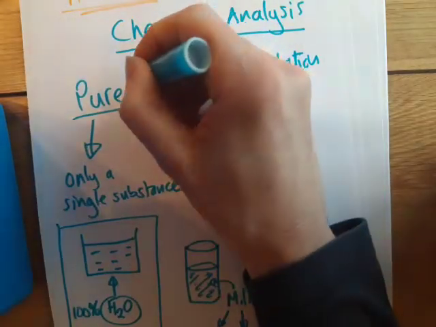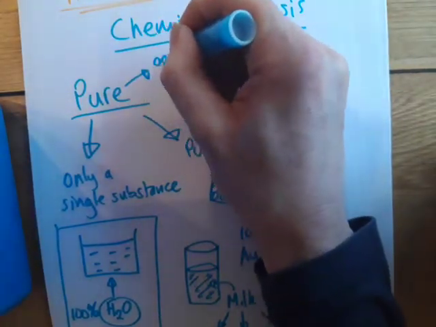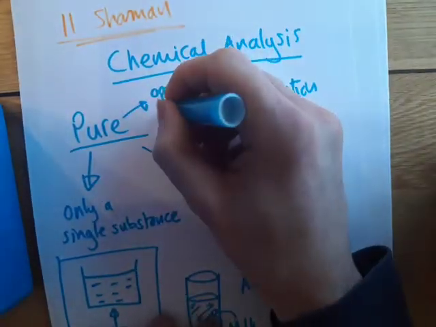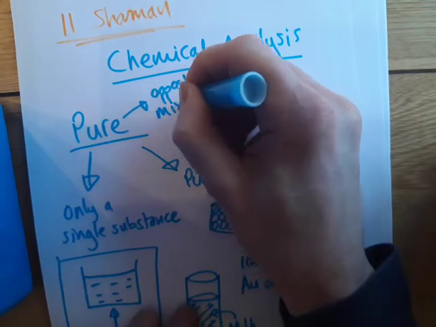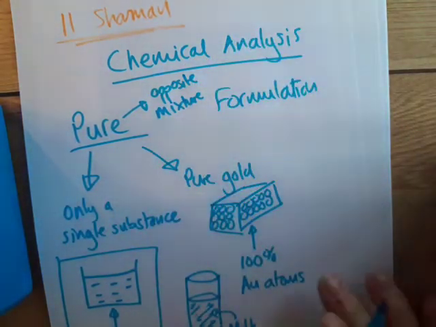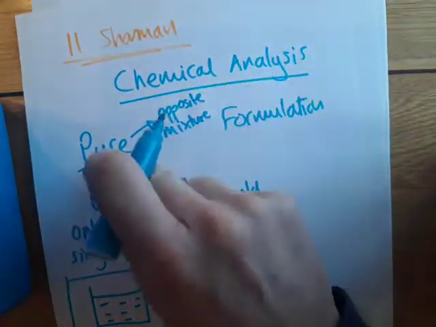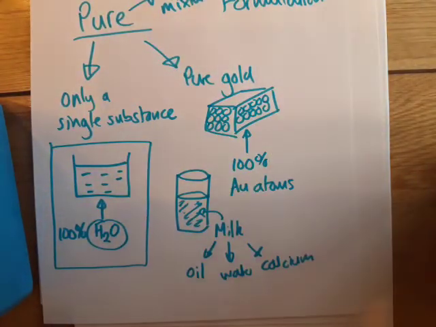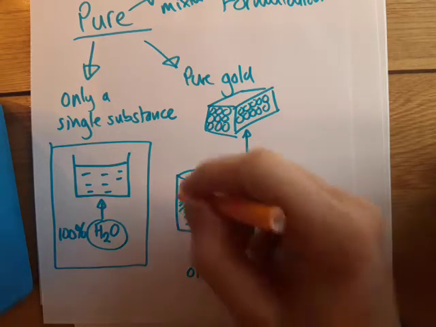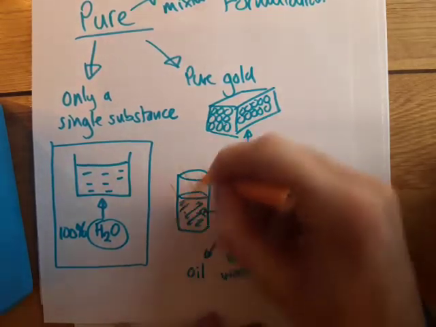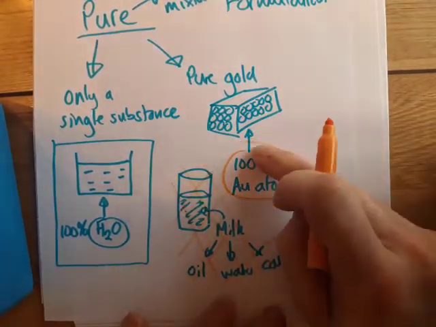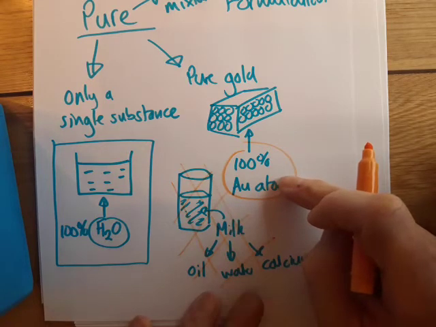So the opposite of pure would be a mixture. You can have mixtures of substances that are not pure. So it's perfectly fine in your everyday example to say pure milk or pure water, but in terms of chemistry in your GCSE, you need to be 100% sure that pure is 100% one substance.